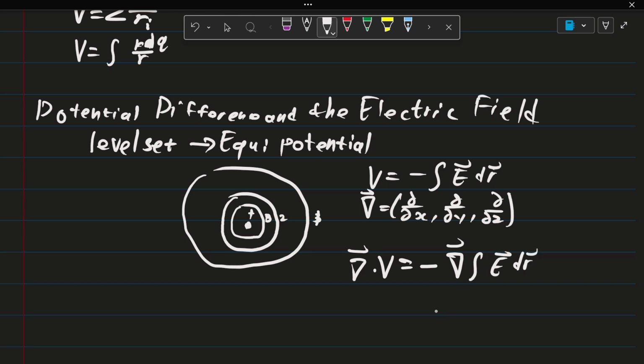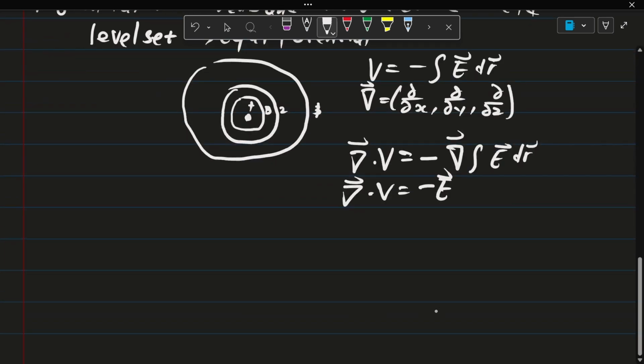And here's something interesting when you're dealing with the nabla vector itself. When you multiply it by this negative integral of the r vector, they will pretty much cancel each other out, since they are inverse operators of each other. So you would obtain the negative E vector in here. So you see here that this is E vector, which equals the negative nabla V. So the electric field is pretty much defined as the gradient of the voltage, but with a negative sign.